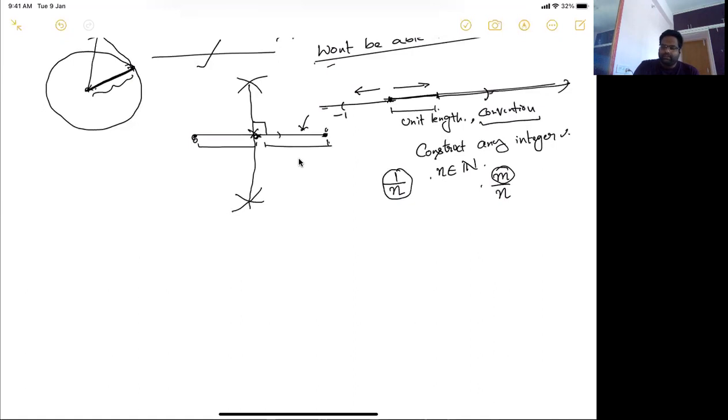That will enable you to construct this rational number. In this way, you will be able to construct every rational number. So essentially, you need to know how to construct 1 over n, where n is a natural number.